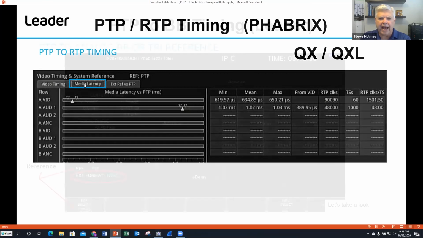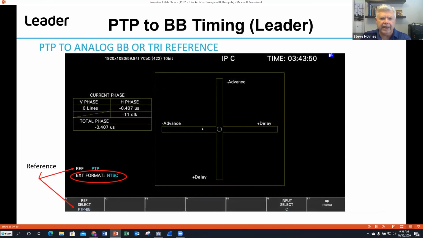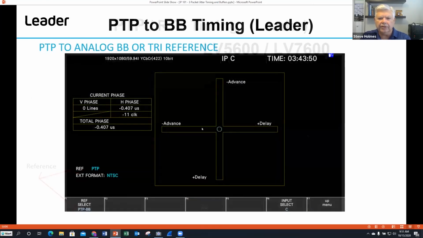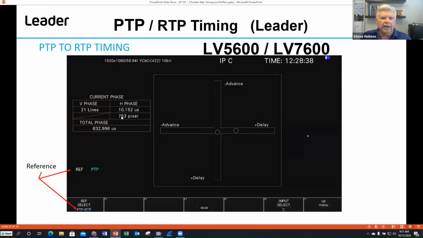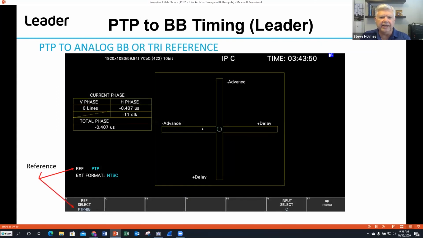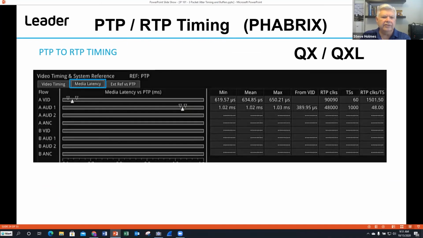And if we go back here and look, my total phase is 6.32 microseconds of total delay. And we look here, and if you look at 6.34 microseconds, just a small horizontal offset.